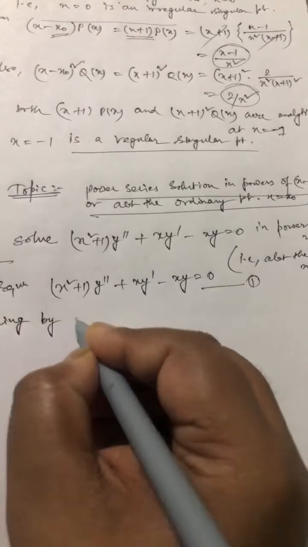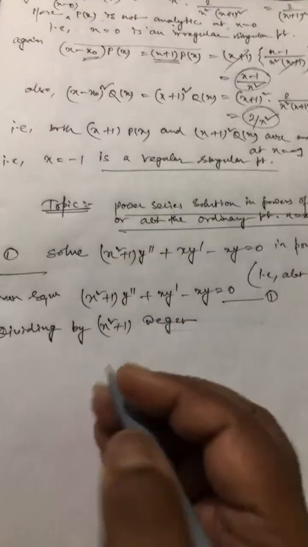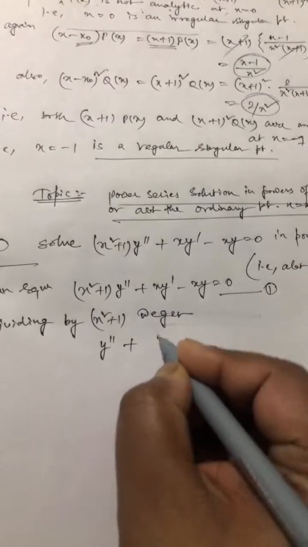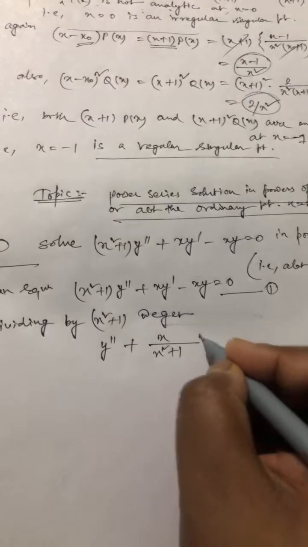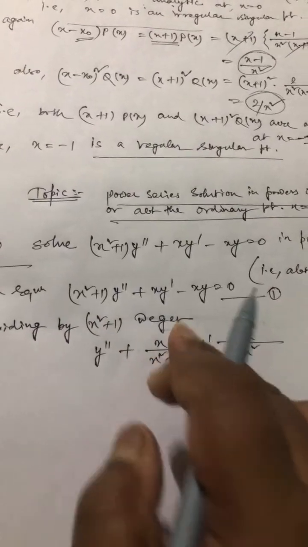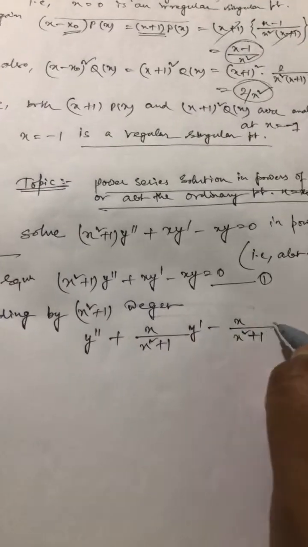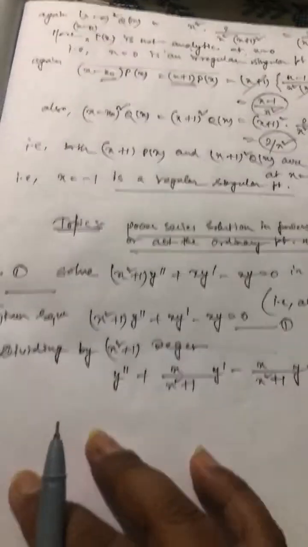Dividing by x square plus 1 we get, that means we are trying to get the standard form, y double dash plus x by x square plus 1 into y dash plus, minus x by x square plus 1 into y equal to 0.